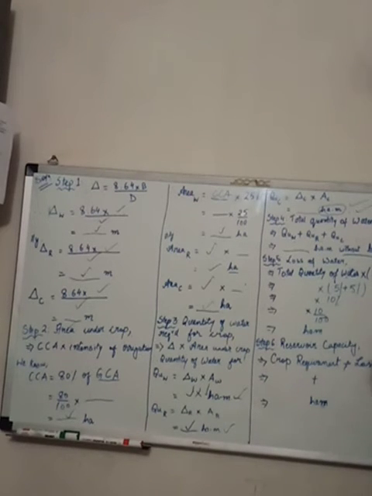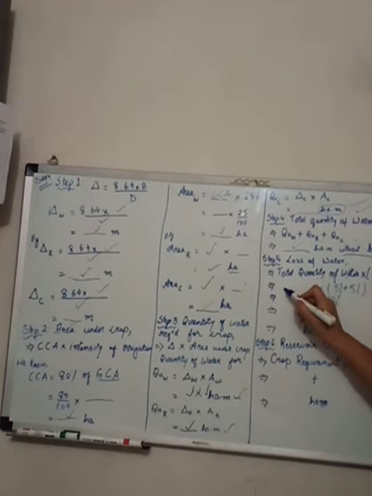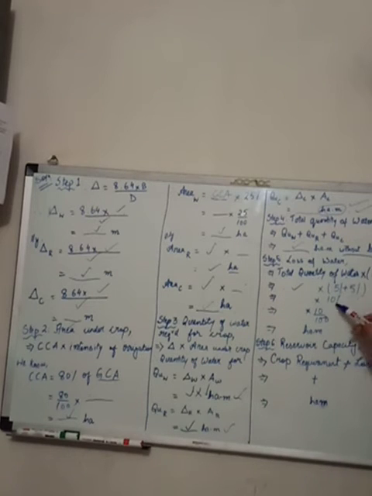So it's 5 plus 5, and you put the total quantity here. 5 plus 5 is 10%. Then remove the percentage sign by dividing by 100. So you keep this value into 10 divided by 100, and you'll get the result in hectare meter.